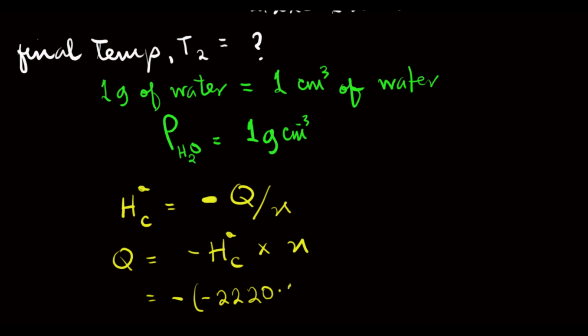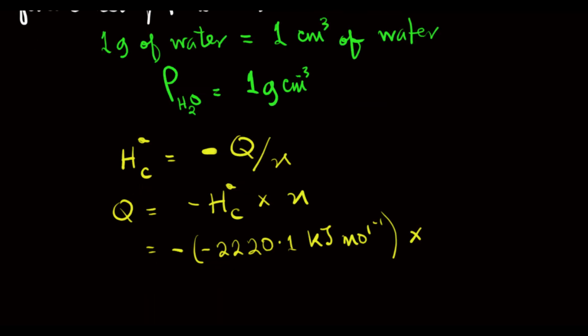2220.1 kilojoules per mole times number of moles, calculated as mass over molar mass. The mass of propane given to us is 0.22, while the molar mass of propane is 44. So this is 0.22 grams over 44 grams per mole.